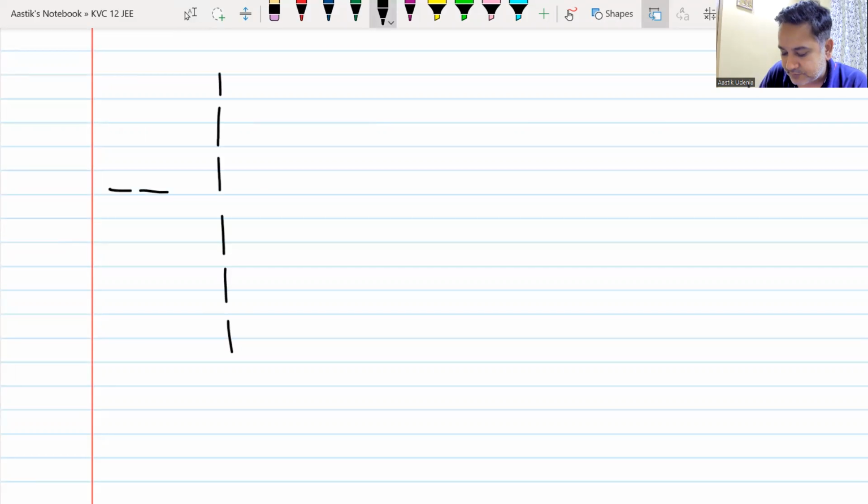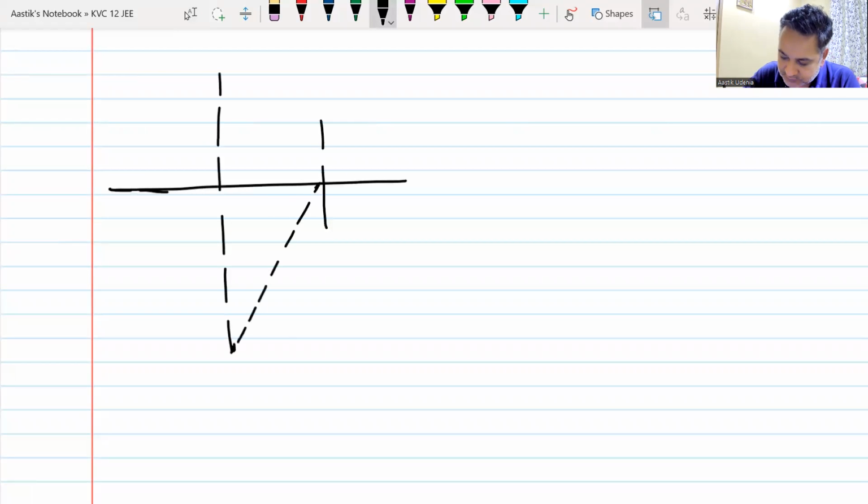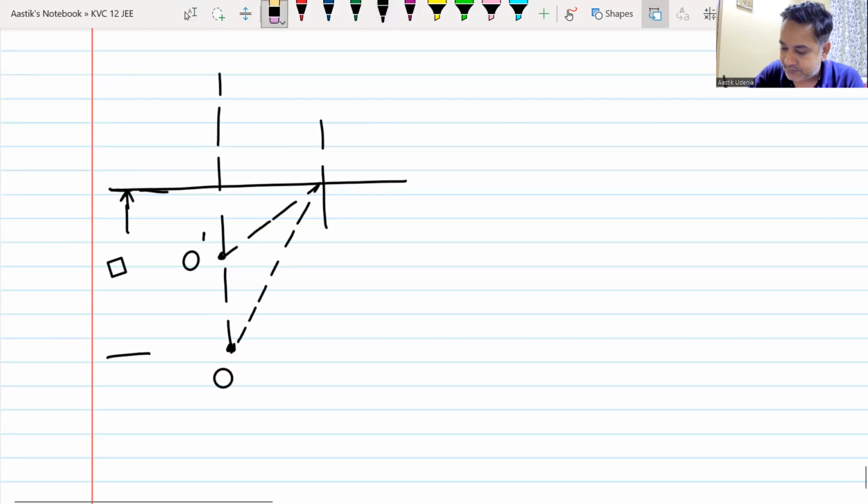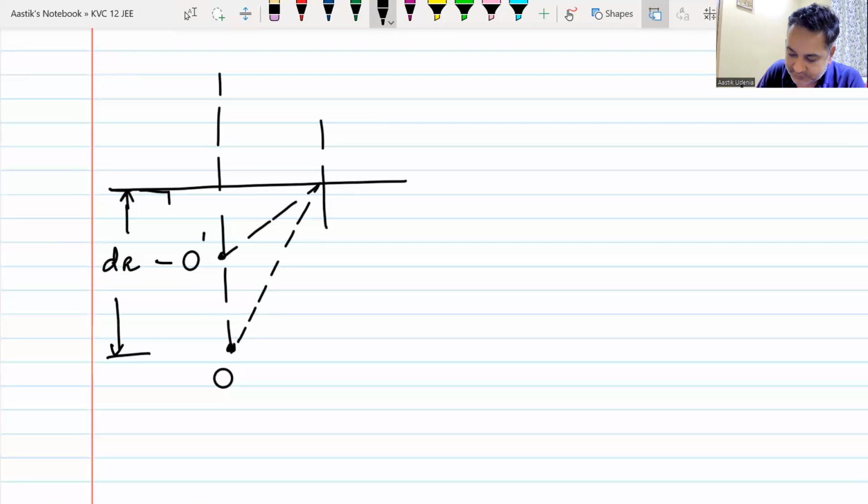This is the surface. This is the ray which is going, and it appears here. So this is the object O, this is O dash. This is dr, the real depth, and this is dA, the apparent depth.